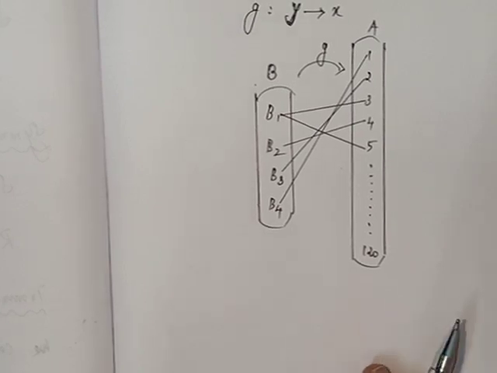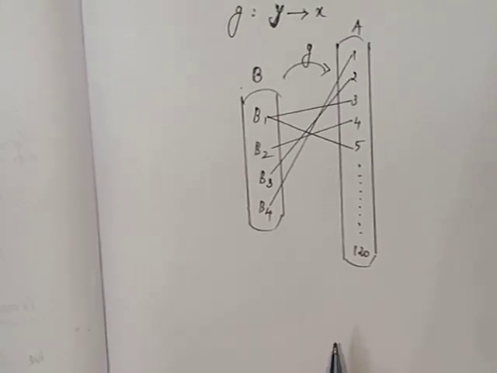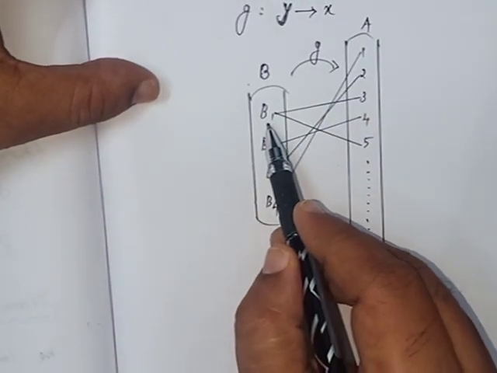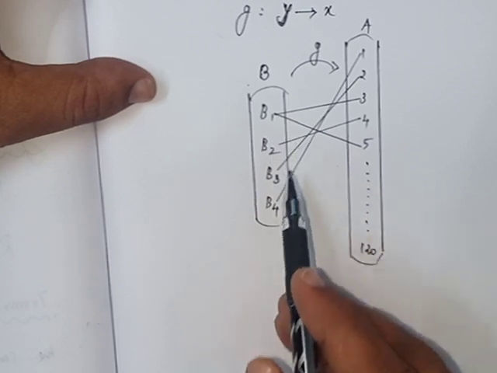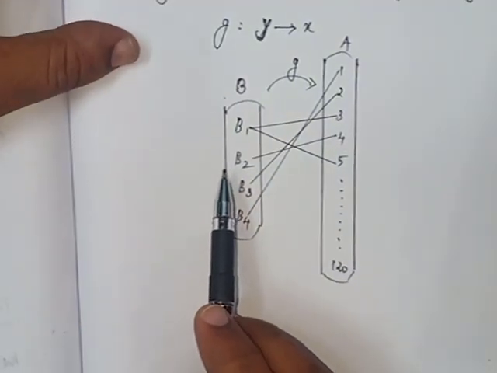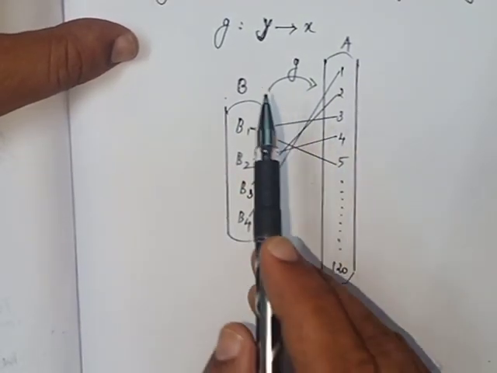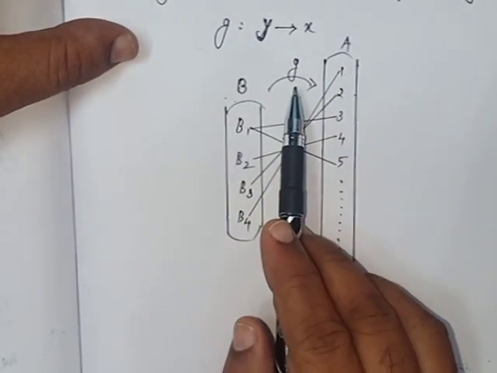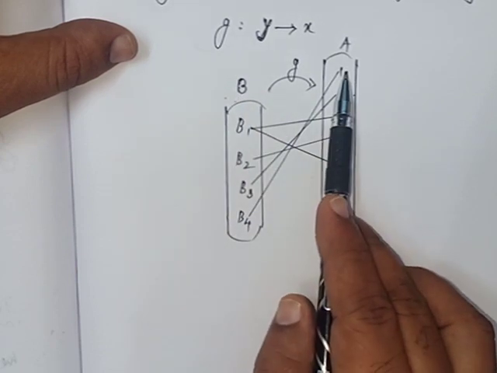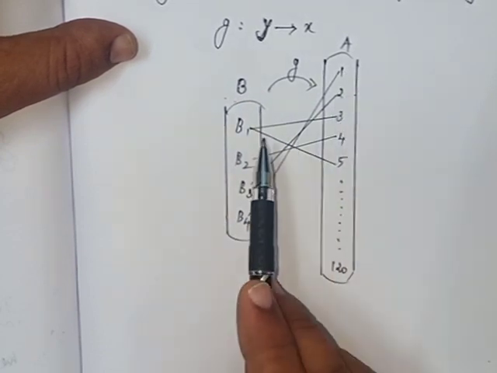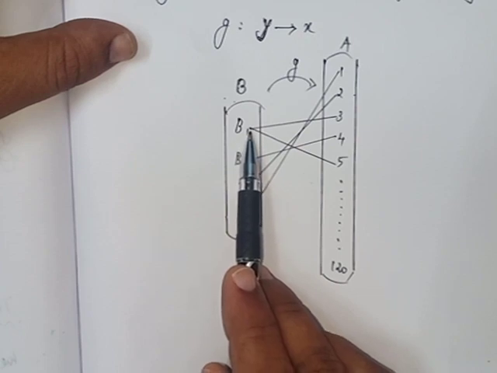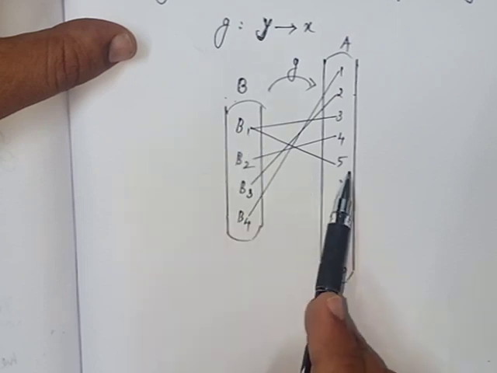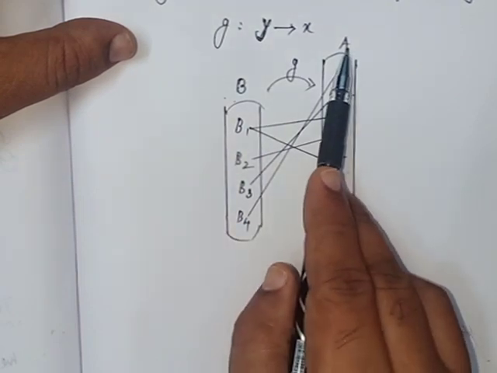Now we can verify whether G is a function or not. Now look at that. According to the definition of a function, each and every element of the domain must have a unique image in the codomain. Here B represents the domain and A represents the codomain. In the inverse, B represents the domain and A the codomain. Look at that. B1 in the domain has 2 different images in the codomain.